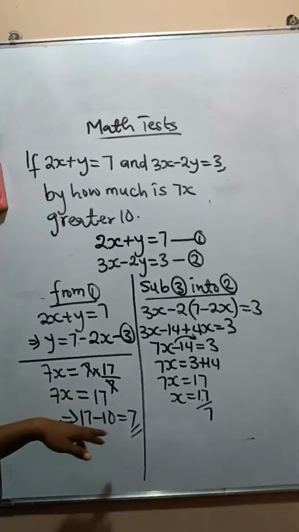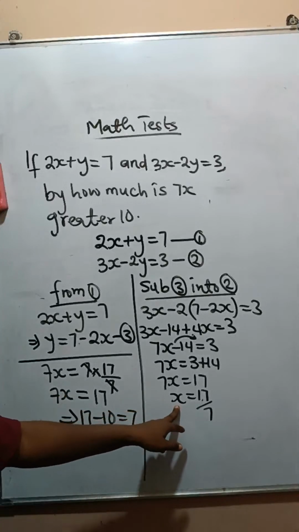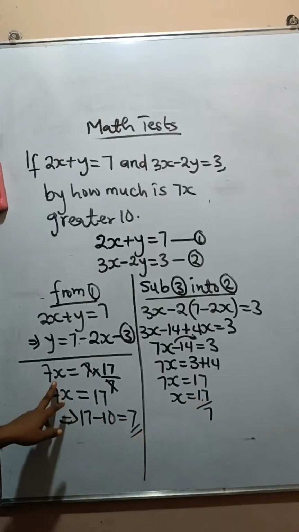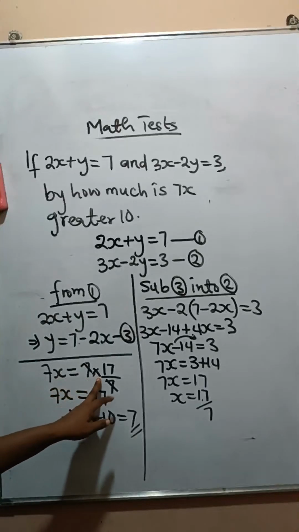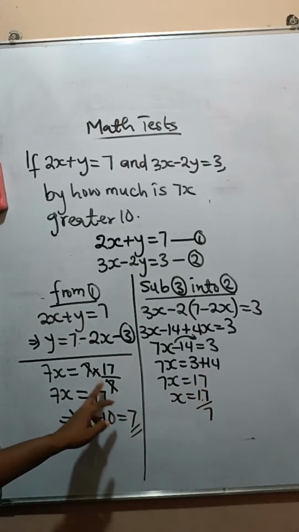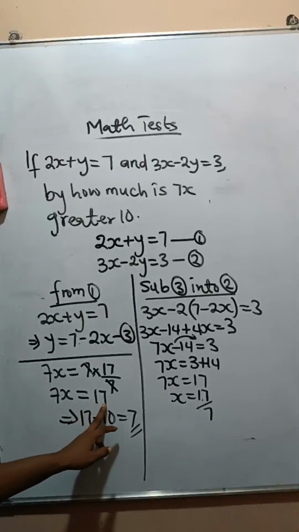Okay. So we needed to get 7x, which means 7 multiplied by x. So that is why I multiplied. You see where I wrote 7x equals 7 multiplied by 17 over 7, which is our x. So if we divide that, we are going to have 7x to be equal to 17.